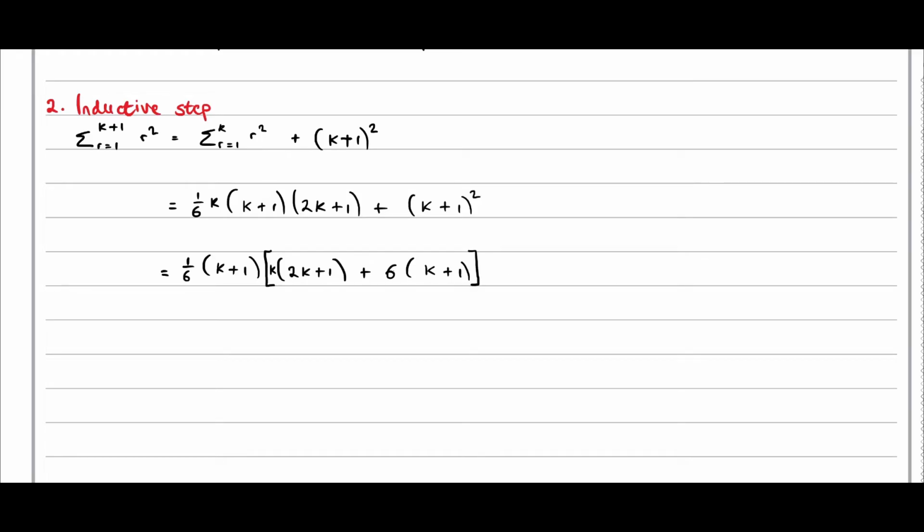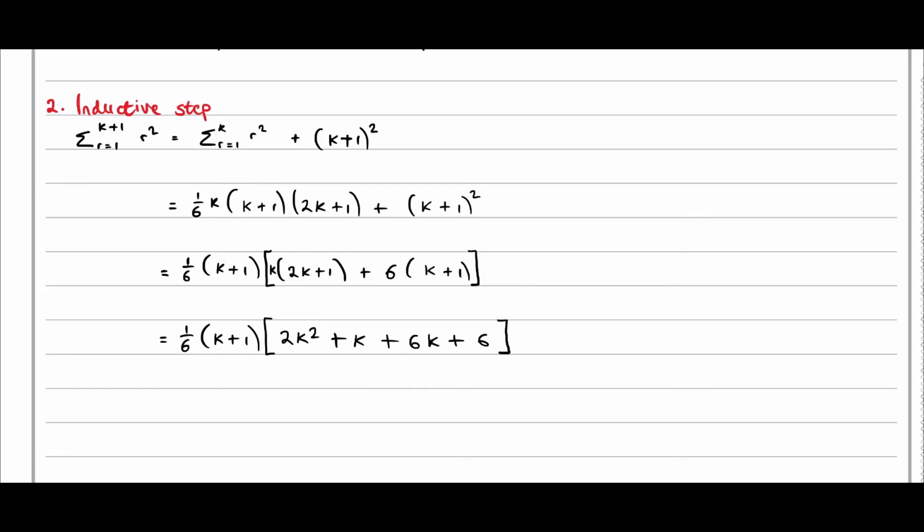And the reason we have 6 over here is because 1/6 multiplied by 6 gives the 1. And if we expand and simplify, we have 1/6 lots of k plus 1, lots of 2k squared plus k plus 6k plus 6.